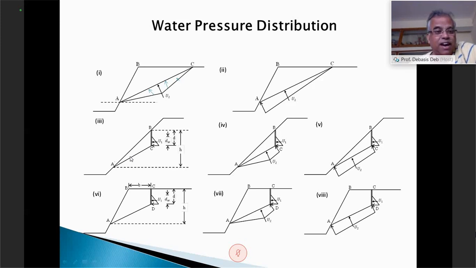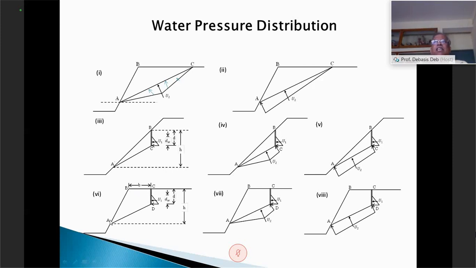Either this one if a tension crack is in the slope, but what I showed you is this. Our condition is this one, that there is a water pressure up to ZW, up to some level, and then we are seeing the water is coming out from here.